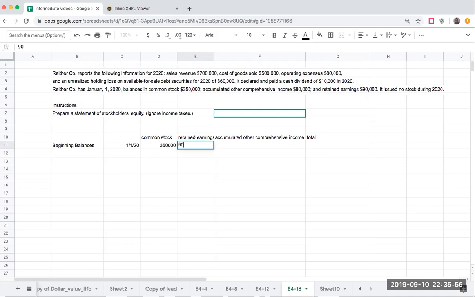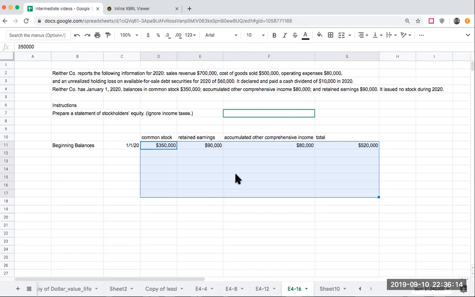Retained earnings was 90,000. And my accumulated other comprehensive income was 80,000, for a total of $520,000. So one of the things you may be asking is, hey, Tchaikovsky, what is accumulated other comprehensive income?